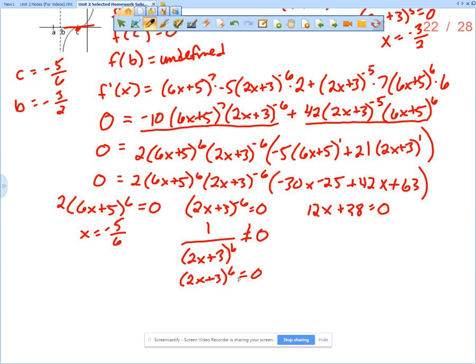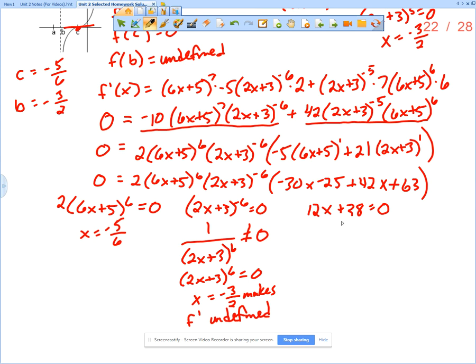Take the 6th root, subtract 3, divide by 2, and x equals negative 3 halves. What does this mean? x equals negative 3 halves makes f prime undefined. Remember, if f prime is undefined, the derivative does not exist there. If the original function had a vertical asymptote there, then the derivative doesn't exist there. And so b is negative 3 halves, which we already knew.